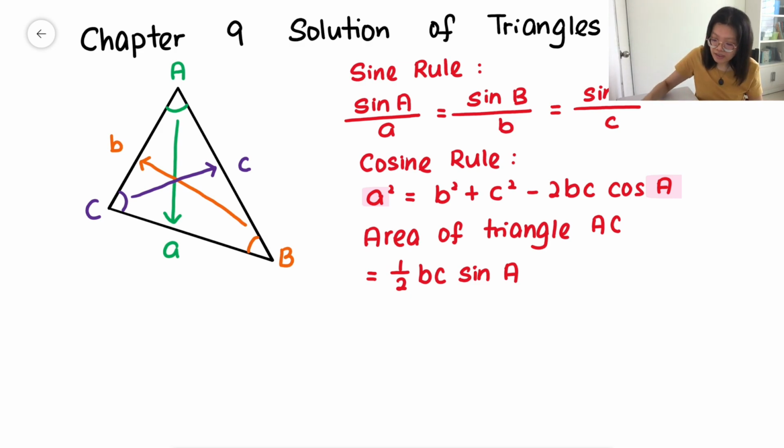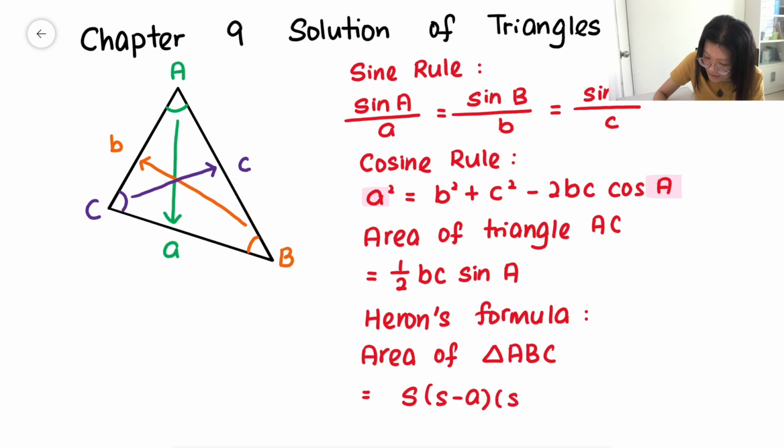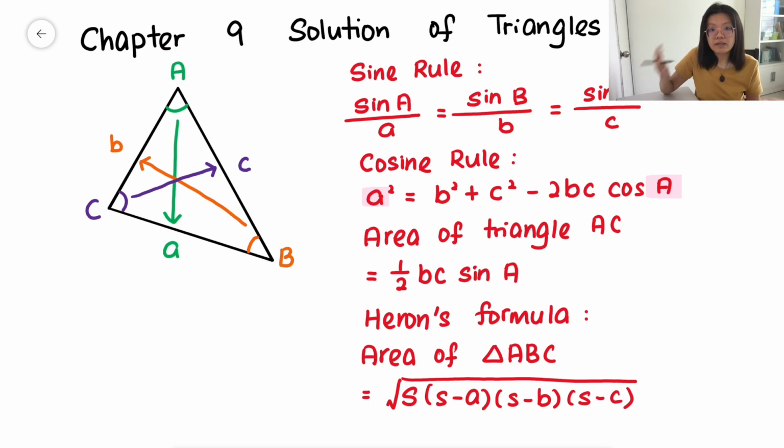And the fourth formula, there's a name. Heron's rule, Heron's formula. With the formula, area of triangle ABC equals to the square root of S times (S minus a) times (S minus b) times (S minus c). Then you might be curious, what is S?